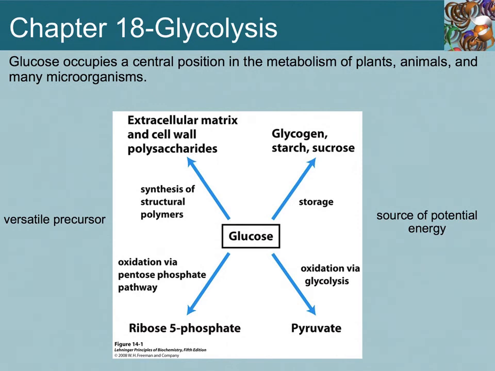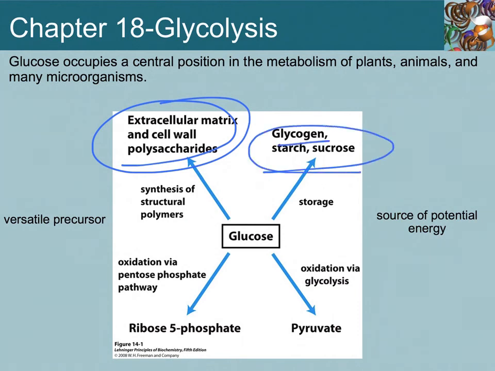In animals and vascular plants, glucose has 4 major fates. It may be used in the synthesis of complex polysaccharides destined for the extracellular space, okay, and that's shown here, where you're making the extracellular matrix and cell wall polysaccharides. It can be stored in cells, okay, and for storage, we store glucose as glycogen.